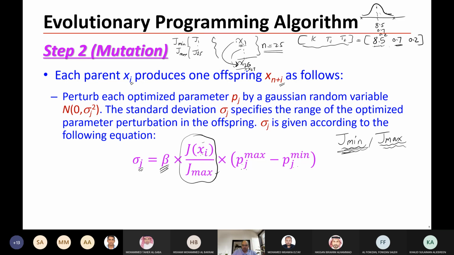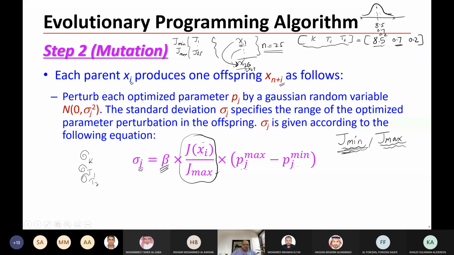X1 will create X25, 26, and X2 will create X27, and so on. And these are the standard deviations for each parameter. We will calculate it: sigma k, sigma T1, sigma T2. Okay?